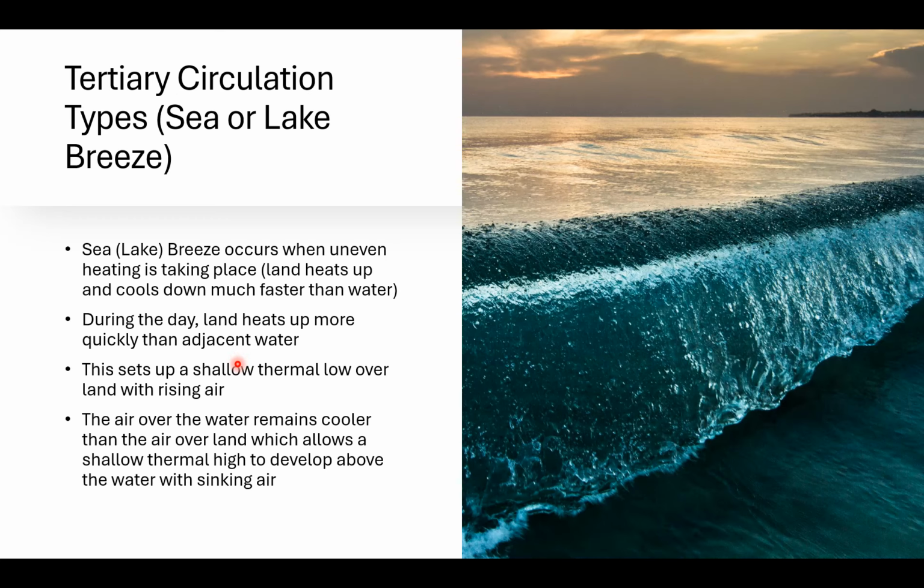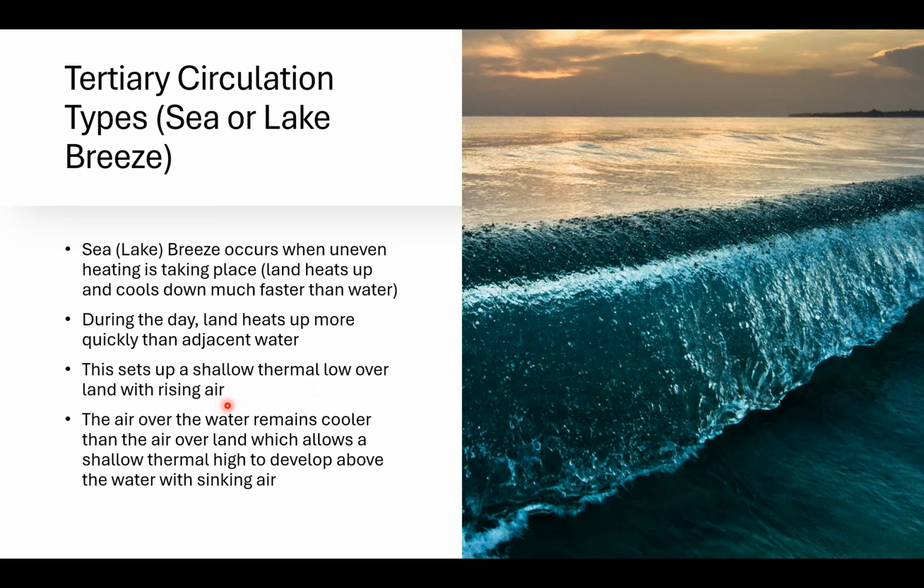So the sea or the lake breeze, let's talk about that first. The sea or lake breeze occurs when you have uneven heating taking place between the land and the nearby water. Bottom line, land heats up and cools down much faster than water. So during the day, that land heats up more quickly than the adjacent water next to it, and this sets up a shallow thermal or heat low over land.